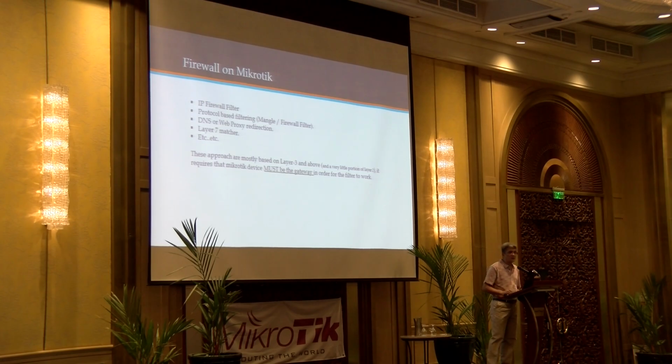And I'm sure you're familiar with that, right? Okay. It requires that the Mikrotik device must be the gateway in order for this filter to work. Otherwise, it won't. Okay?